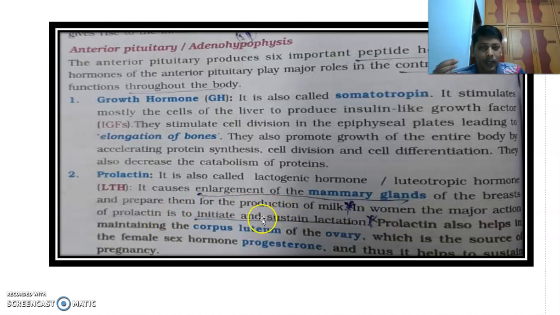In women, the main action of prolactin is to initiate and sustain lactation. Prolactin also helps in maintaining the corpus luteum of the ovary, which you will learn about in the next lesson. The corpus luteum is the source of the female sex hormone progesterone, called the pregnancy hormone, which helps to sustain pregnancy.